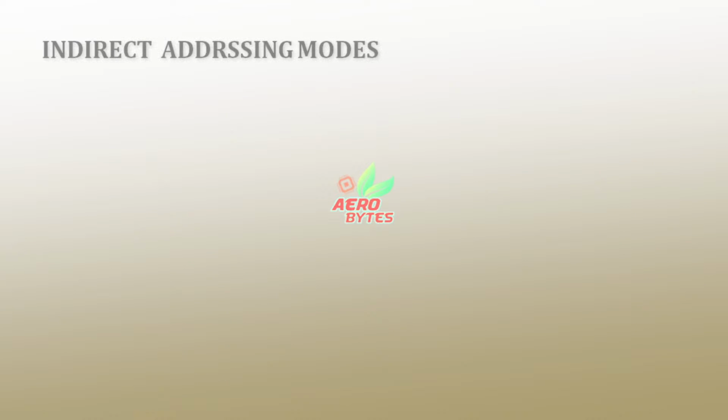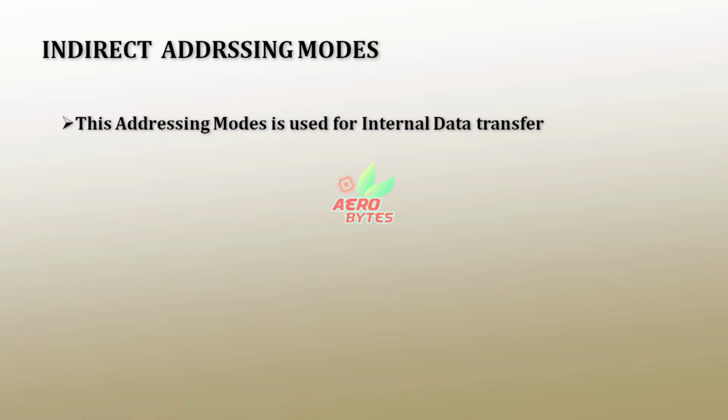Then next, indirect addressing. It is an important concept. This addressing mode is used for internal data transfer. What is internal data transfer? Data transfer within the registers is known as internal data transfer. This addressing mode helps you move data within the registers.